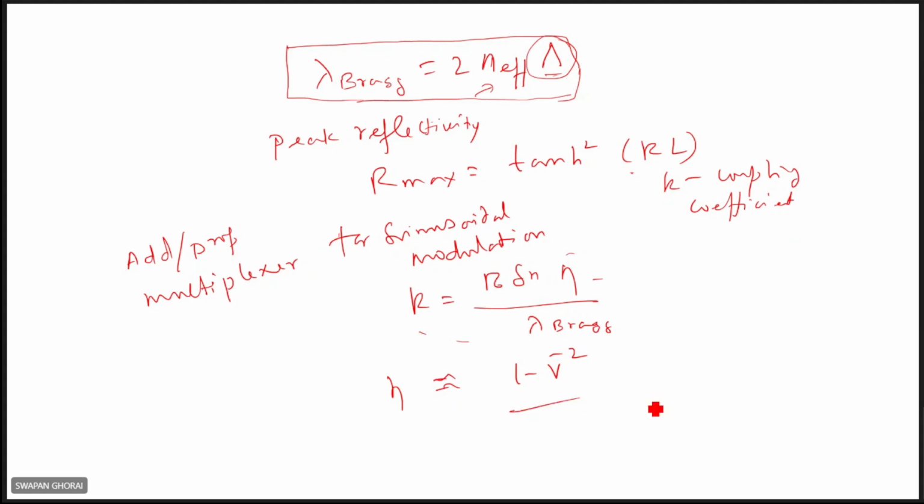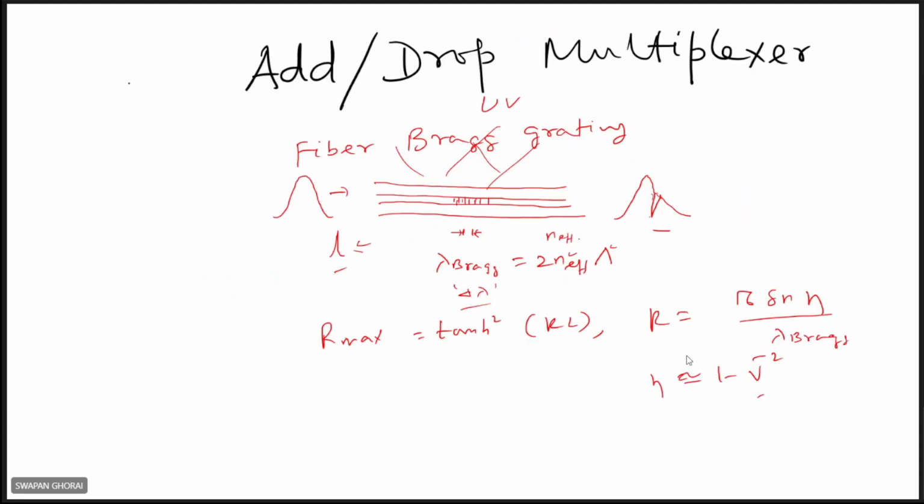So these are the important relations and parameters when you use fiber Bragg gratings. If a broadband source is used, a particular wavelength is reflected back depending on the period and the effective index, and other wavelengths are transmitted.